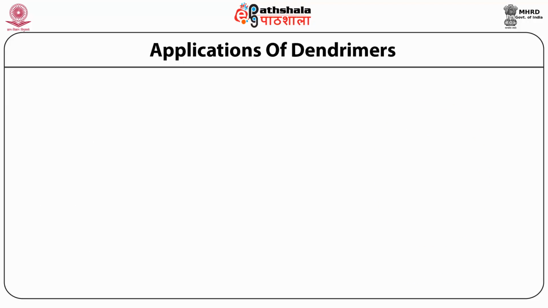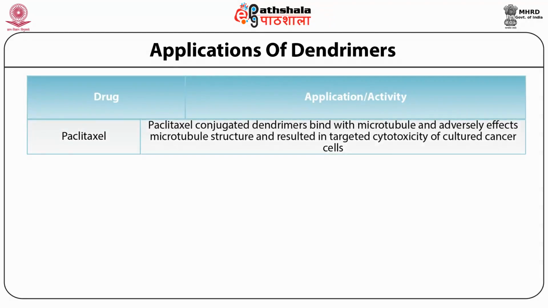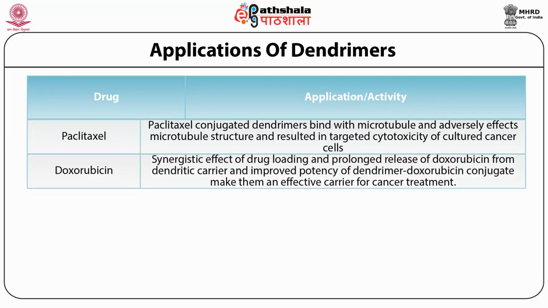Now, in this table, you can see some examples of dendrimer applications from the research literature, like paclitaxel. Paclitaxel conjugated dendrimers bind with microtubules and adversely affect the microtubule structure, and it resulted in targeted cytotoxicity of the cultured cancer cell lines. Doxorubicin similarly showed synergistic effect of the drug loading and prolonged release of doxorubicin from the dendritic carrier, and it improved the potency of the dendrimer doxorubicin conjugate, making it an effective carrier for cancer treatment.